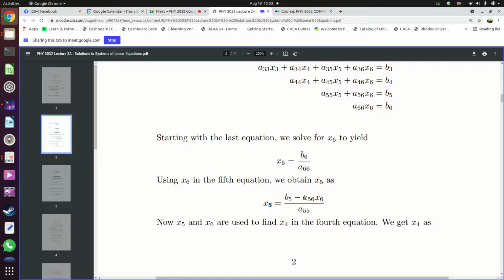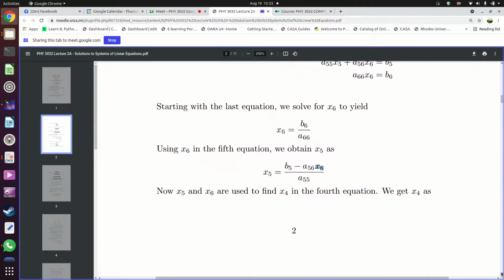So you're going to start with the b4, then you're going to have a4, then after a4 the column value is going to be 5. Then this one is going to be x5. So x4 is going to be b4 minus a45 x5 minus a46 x6, divided by a44. And that's exactly what you notice.